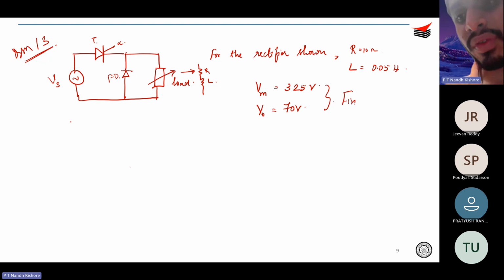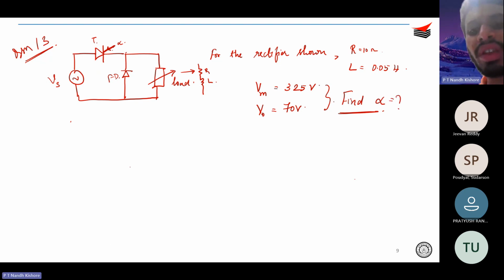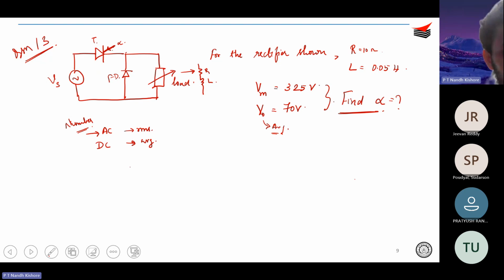Find alpha, the triggering angle or firing angle for this thyristor. This is a pretty simple question. You just know the average output voltage, and the thumb rule is if it is just a number, in AC quantities it will be the RMS, and in DC quantities you can take it as the average.